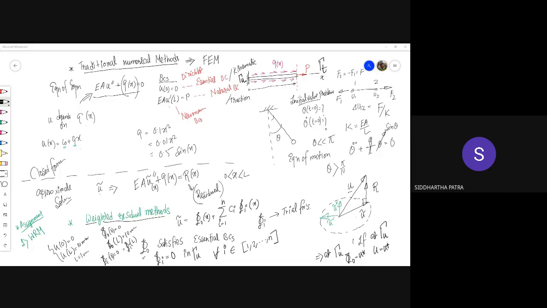It's not both the ends where phi i is 0. The phi i is 0 at gamma u. Wherever it is gamma u, that means the value of u is given. But that is the criterion for a function to be qualified for a variation. That doesn't mean whatever function satisfies that is indeed the variation.